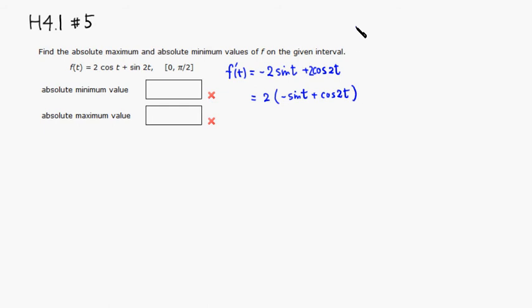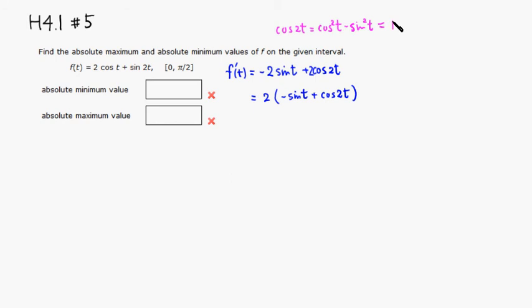Then we have to use the trig identity. Cosine of 2t is the same thing as cosine squared of t minus sine squared of t. But this is not particularly useful because we have sine here, so let's write it in terms of sine.